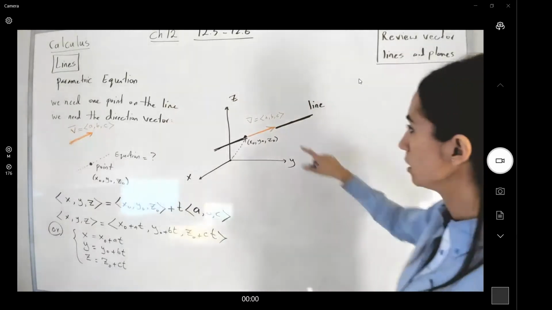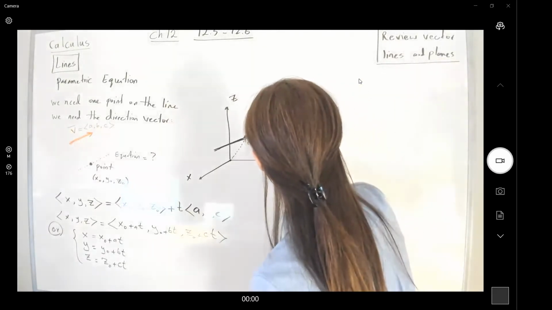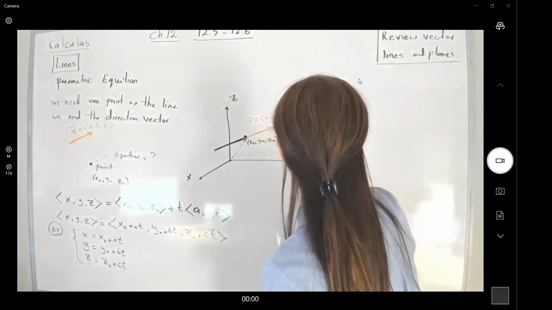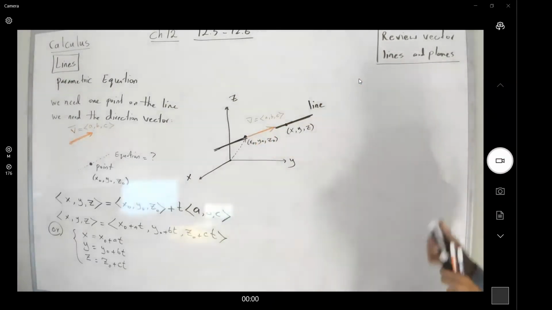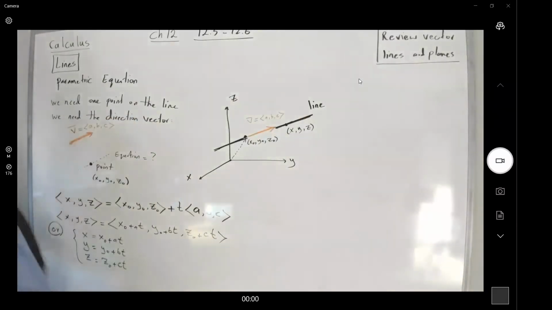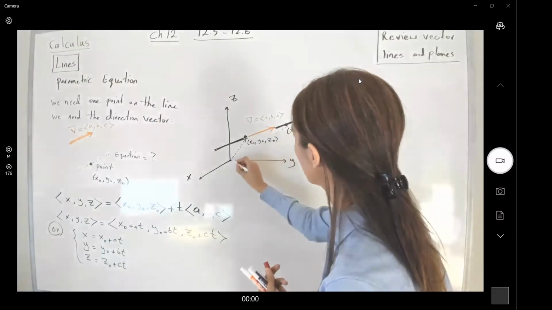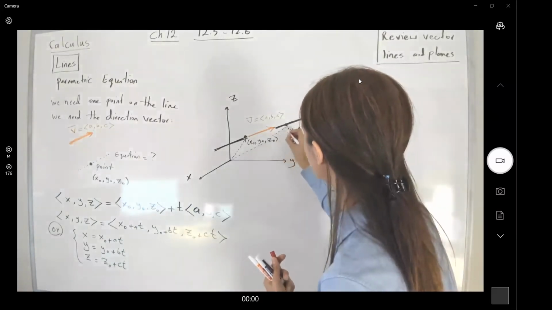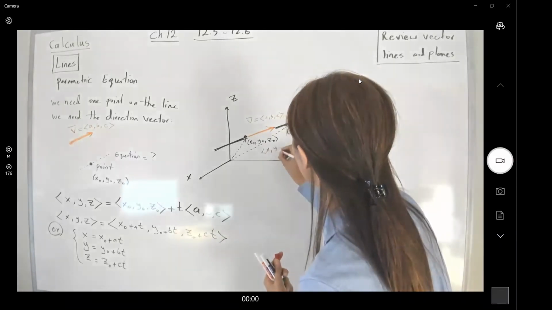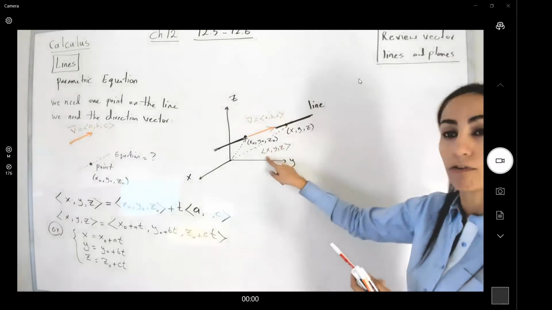So if I take any other point on this line with x, y, z as its coordinates, I can construct a new vector, which is vector x, y, and z.